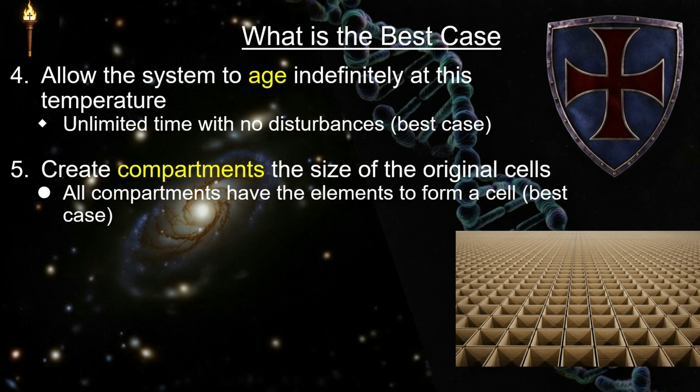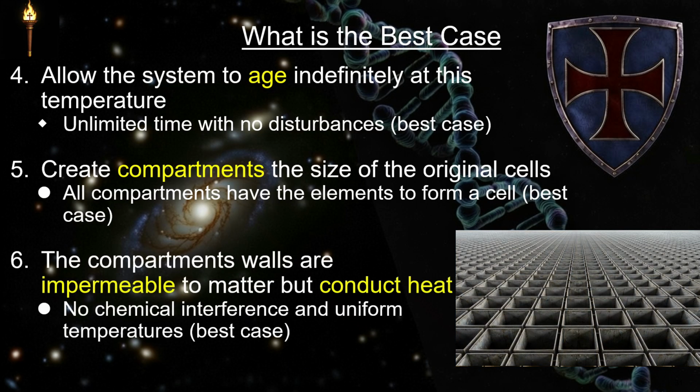There aren't any missing amounts of chemicals. There isn't an overage of any. It's the best case. And the compartment walls are impermeable to matter, but conduct heat. That means that the chemicals don't mix. By conducting heat, it means that everything will slowly move to the same temperature, so there's no chemical interference and uniform temperatures. Again, a best case condition.